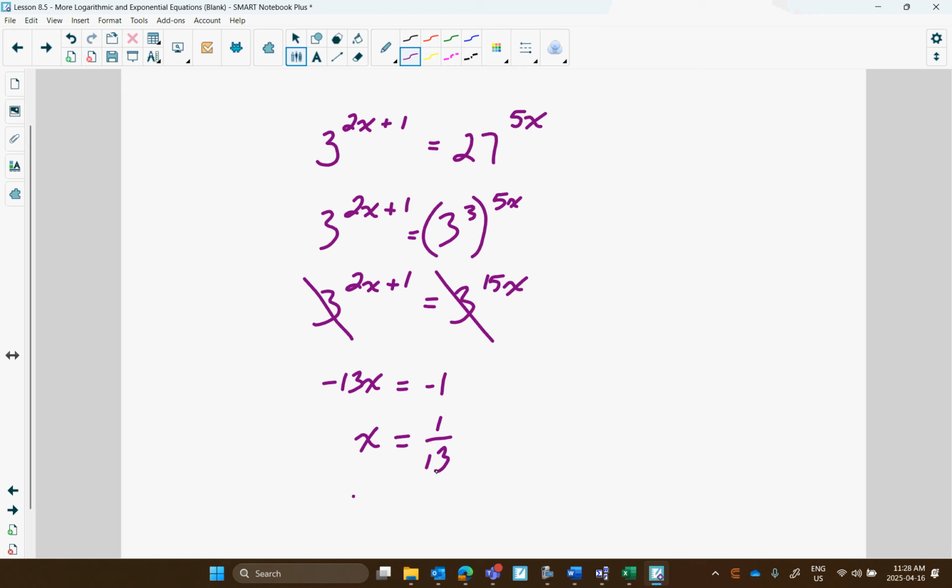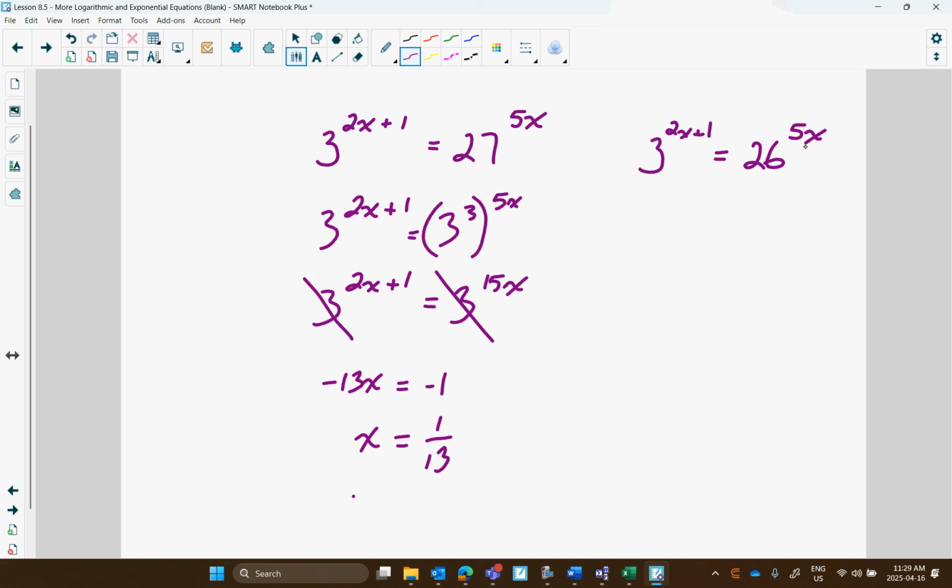The reason that I'm giving you this is because what if I gave you that? Now you use a log, because we can't make the bases the same.